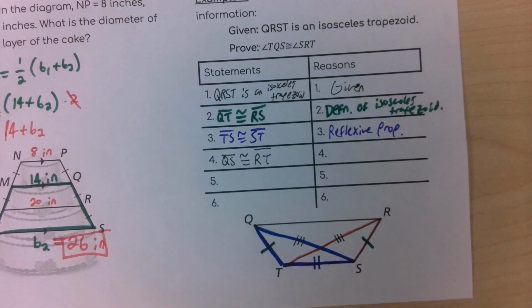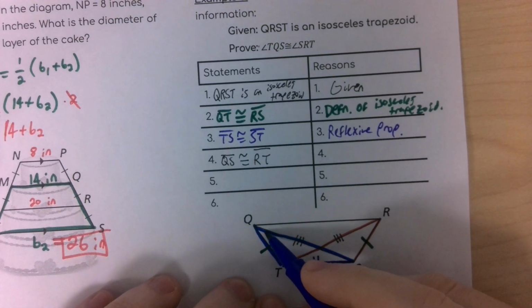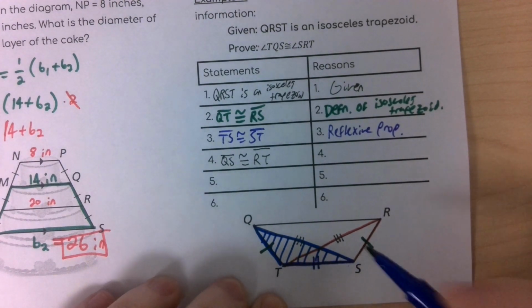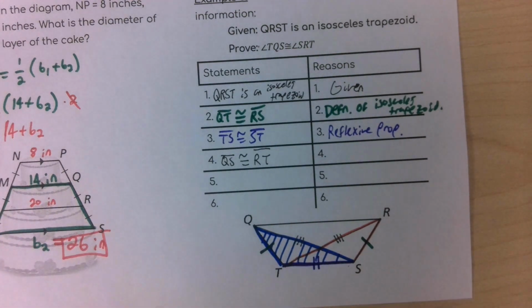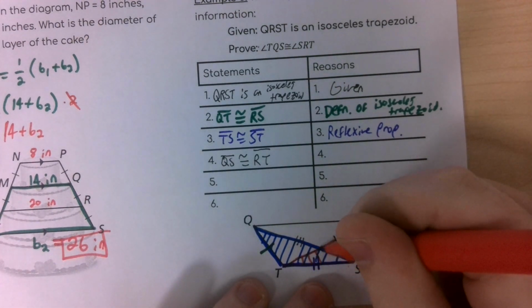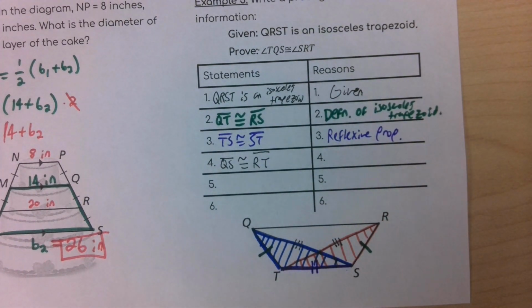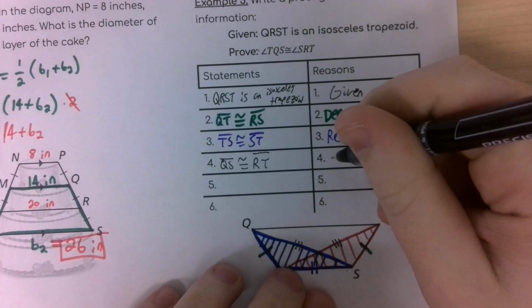We now have two triangles. I'm going to shade in a little bit just so we can see which ones we're talking about. Two triangles, a blue one and a red one, that have three sides that are congruent to each other. This means the two triangles are congruent by side, side, side.